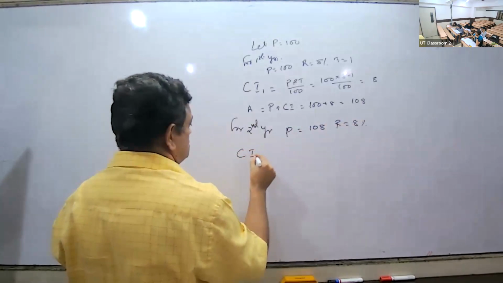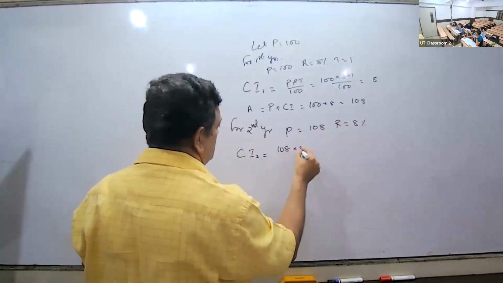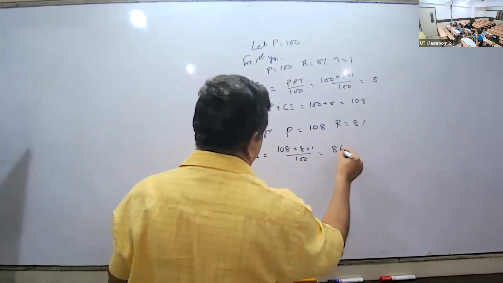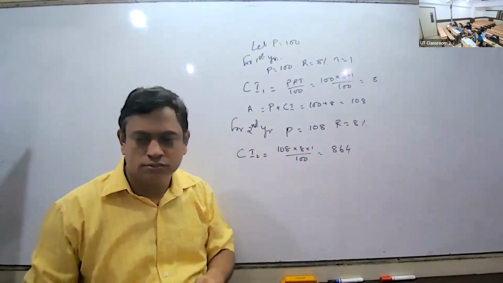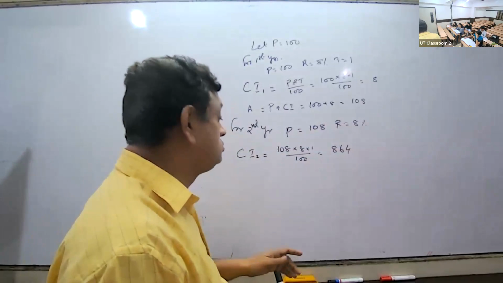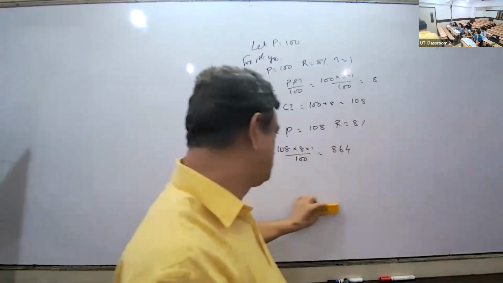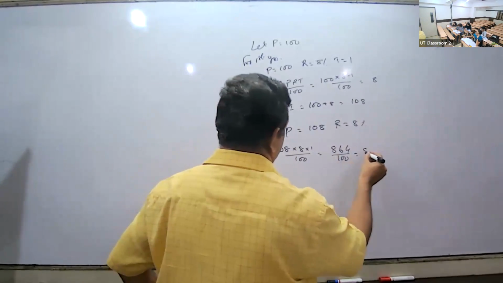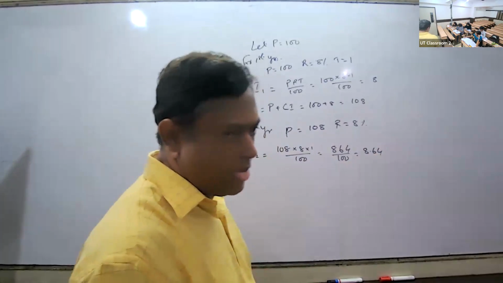Therefore, second year's interest CI2 is 108 into 8 into 1 by 100, 864 by 100, which is equal to 8.64.